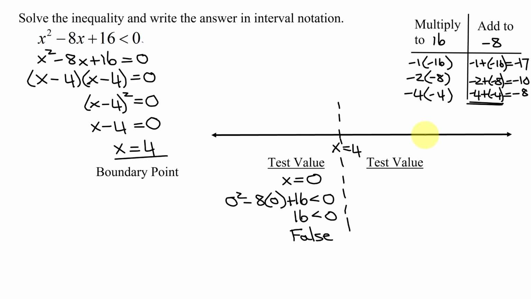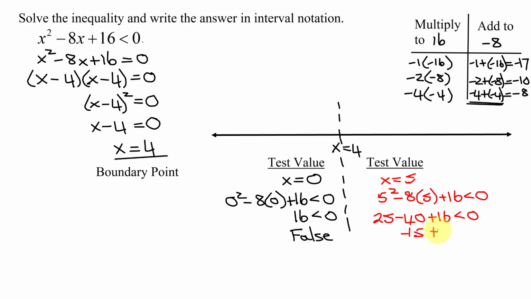Let's pick a point over here where x is bigger than 4. Let's pick x equals 5. Plug it into the original inequality. I will get 5 squared minus 8 times 5 plus 16. Is that less than 0? 5 squared is 25, minus 8 times 5 is 40, plus 16. 25 minus 40 is negative 15, plus 16.